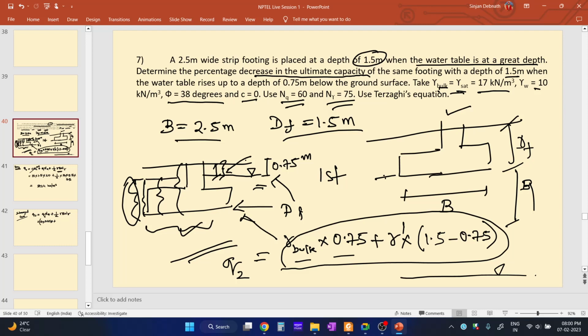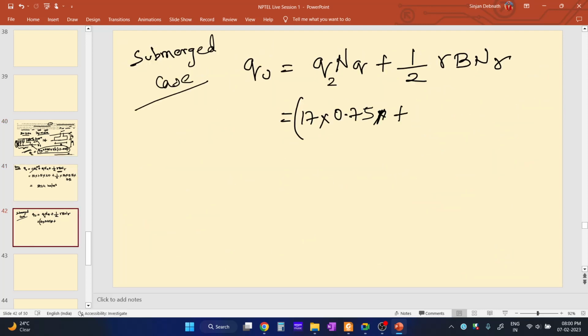Saturated is 17. So gamma sub means saturated minus unit weight of water. Saturated is 17. Unit weight of water, let us consider 10 kilonewton per meter cube. So this one is 7.